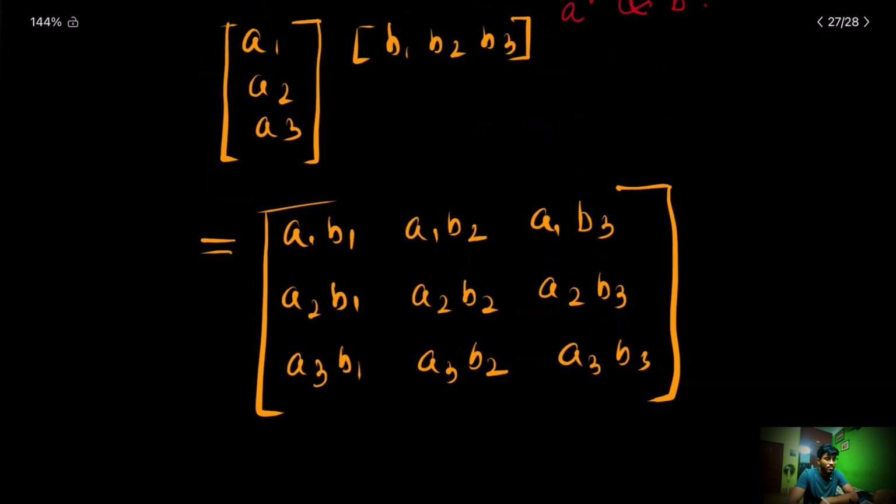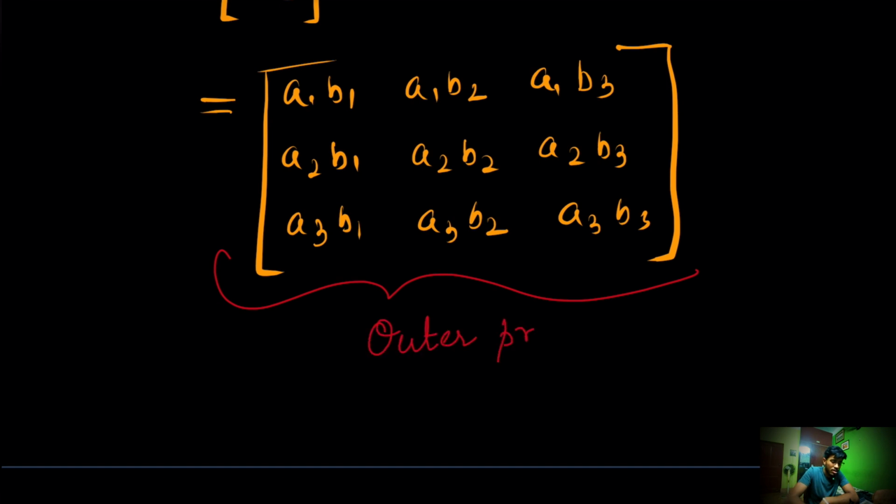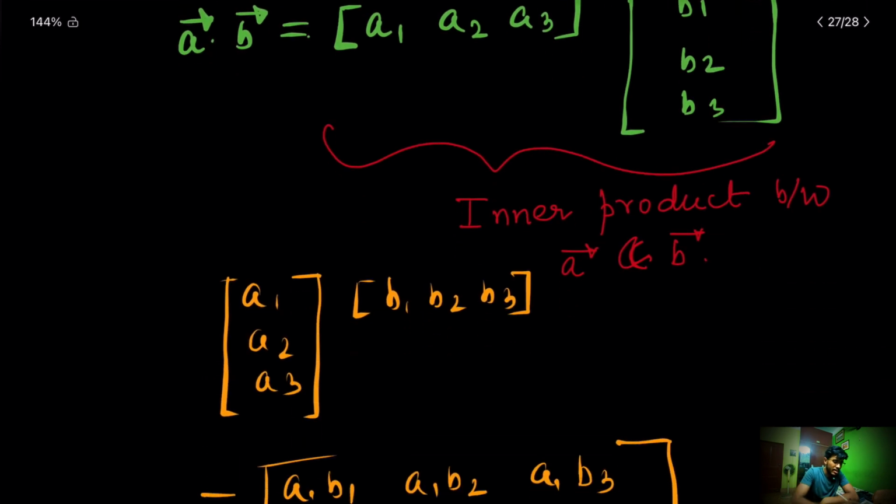Now this is another product between these two vectors A and B, and this is called the outer product or the dyadic product, okay. So as this is A dot B, similarly this is A dyadic B, clear?